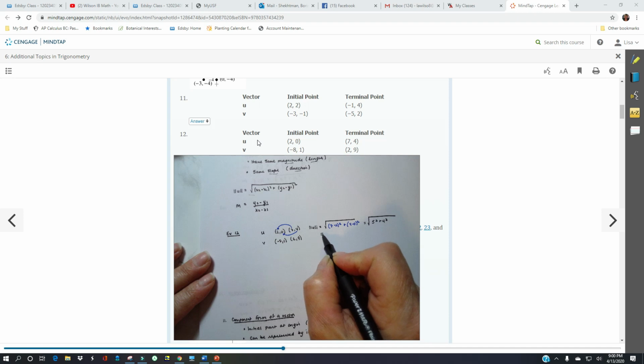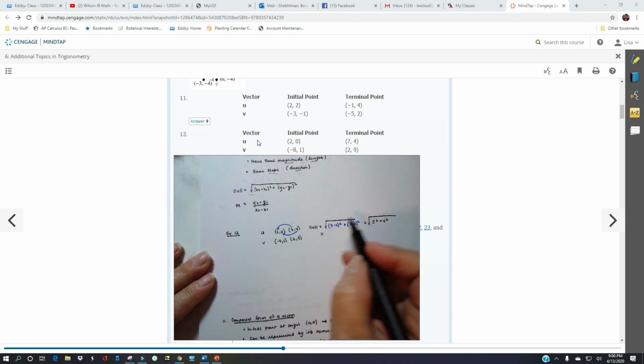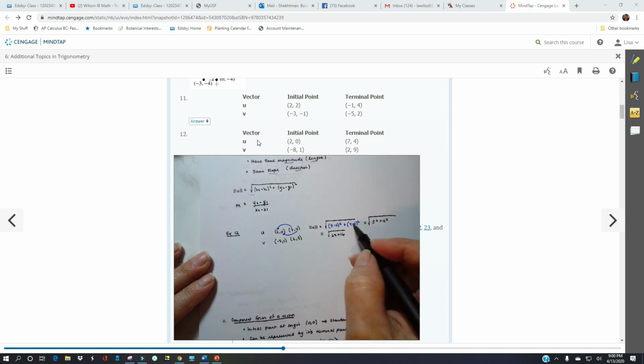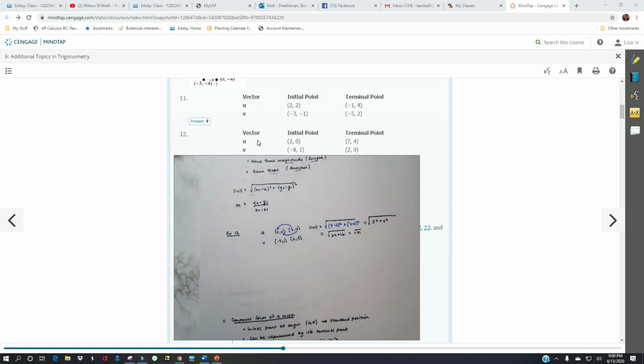And I'm just going to write this down here. 5 squared is 25. 4 squared is 16. So 25 and 16 is the square root of 41. And that's it. You can't simplify that. You're done. That's the length of the vector.